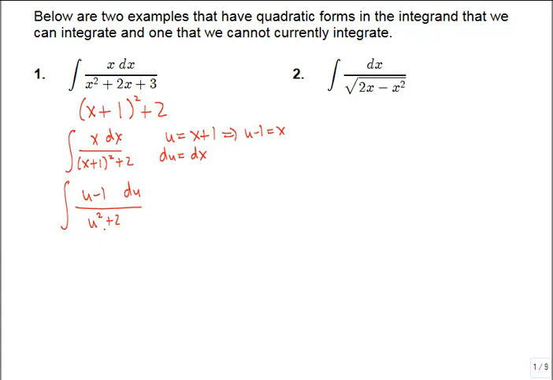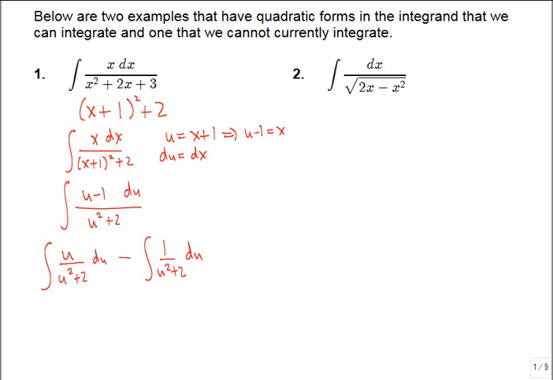Well, again, we still don't have stuff prime over stuff, so this is not immediately going to be an ln integral, but this numerator is a difference of two terms, so I can break this up into the integral of just the u over u squared plus 2 du minus the integral of just the 1 over u squared plus 2 du. And doing that helps me because now each of these integrals becomes manageable.